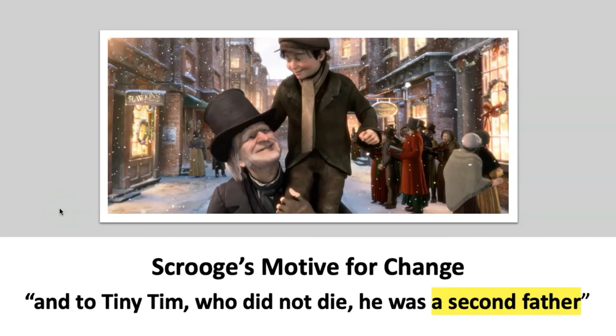And Dickens has another way that Tiny Tim is the fulcrum of the novel. At the end, we are told that to Tiny Tim, who did not die, he was a second father. Scrooge becomes the father that he himself as a boy never had. And this points to the psychological fulcrum, turning point if you like, in Scrooge's character.